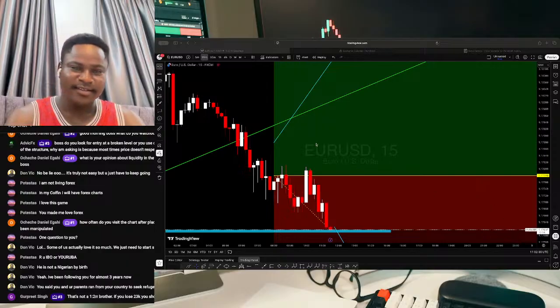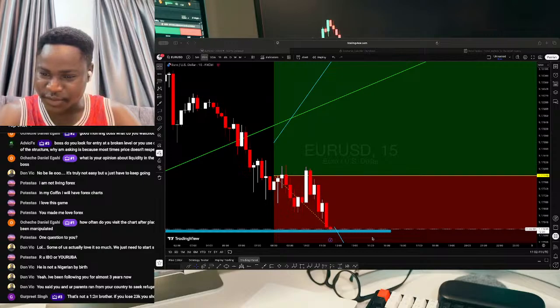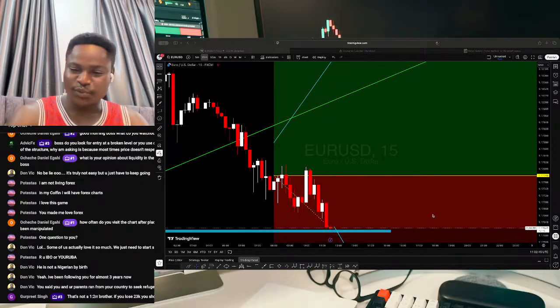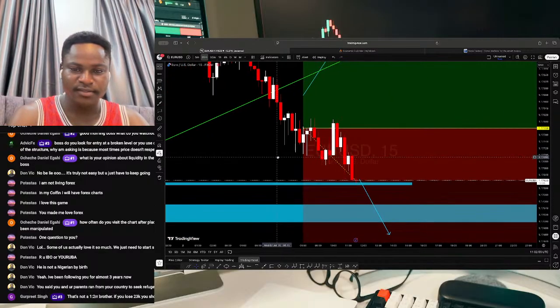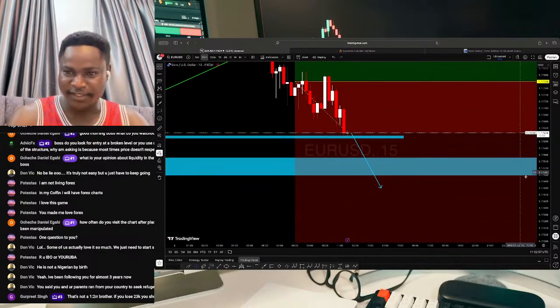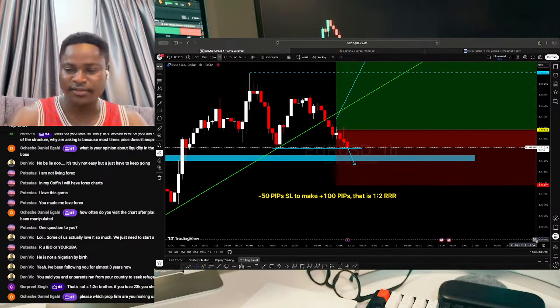Somebody is saying that's not a 1 to 2 RRR, brother. If you lose 46, you should make whatever. On this account, I'm not going to wait for it to hit 50 pips. The whole trade is a 1 to 2 risk to reward ratio.